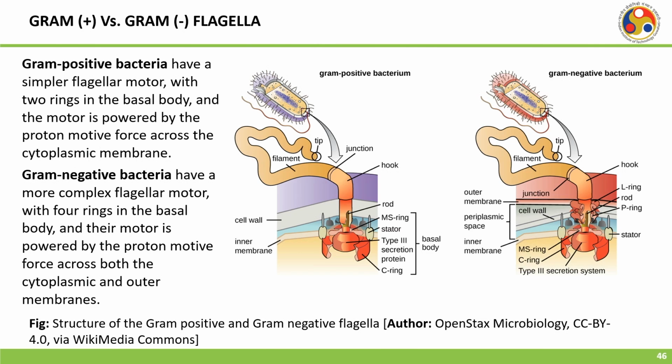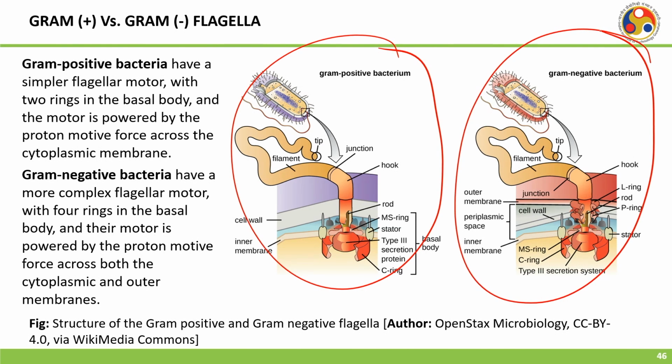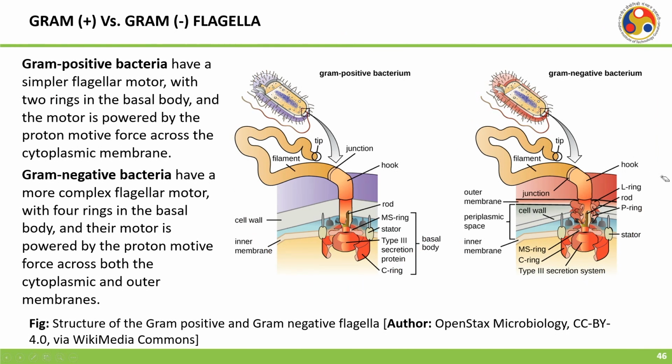However, there are differences in the gram-positive and gram-negative flagella structure. The gram-positive bacterium flagellum you can see here, and the gram-negative flagellum structure you can see here. If you look into it keenly, you can see many of the differences, but we will now simply sum up.